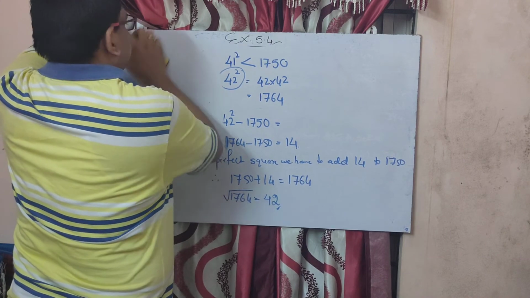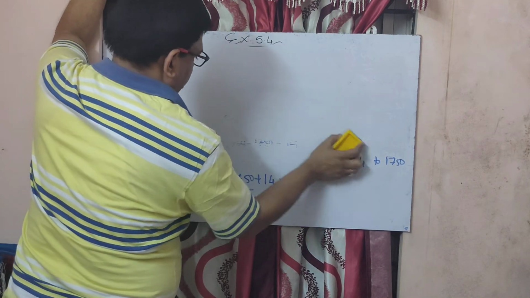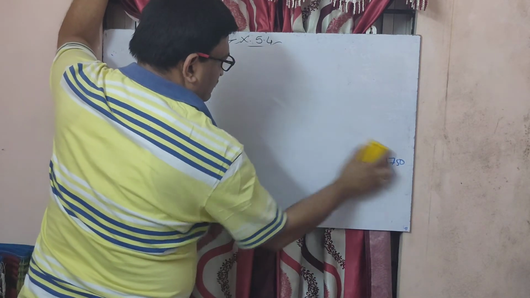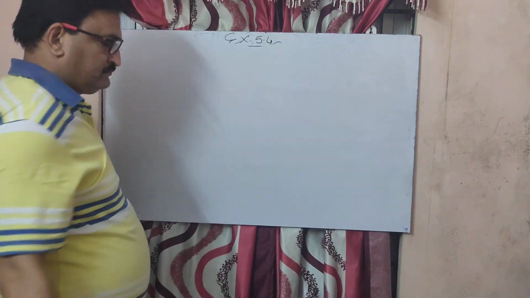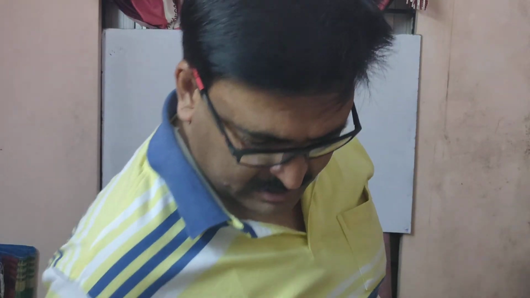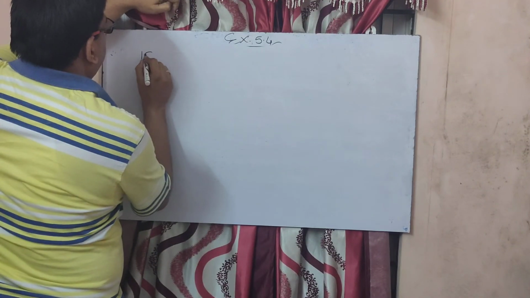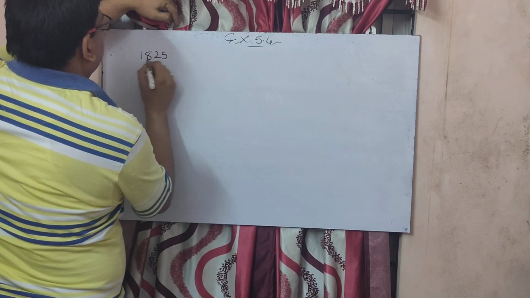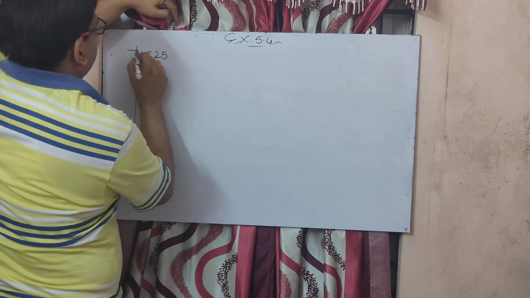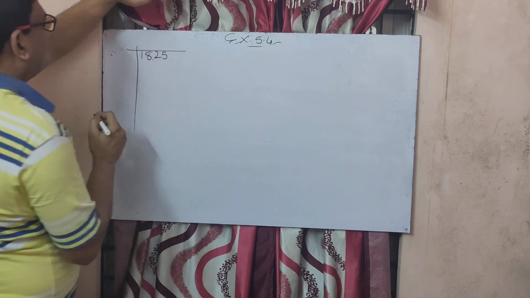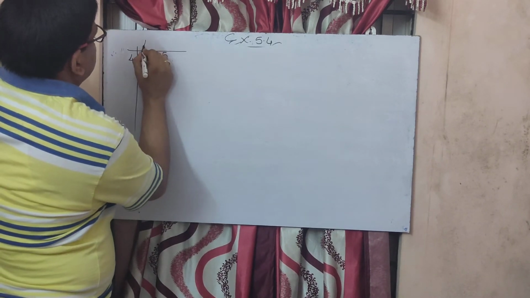Now let us do the next example. 1825. Okay, we'll do 1825. The next number is 1825. Again, the same method you have to use. 4 4s are 16.